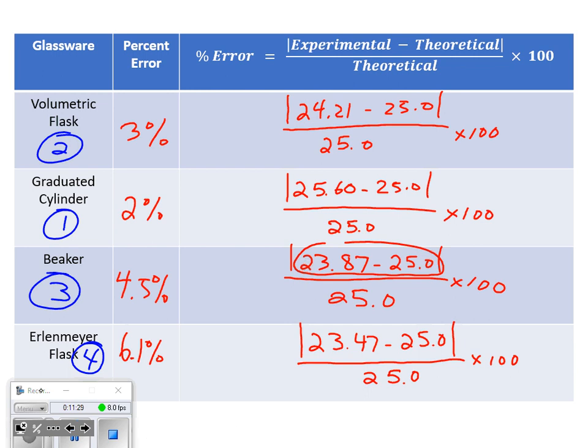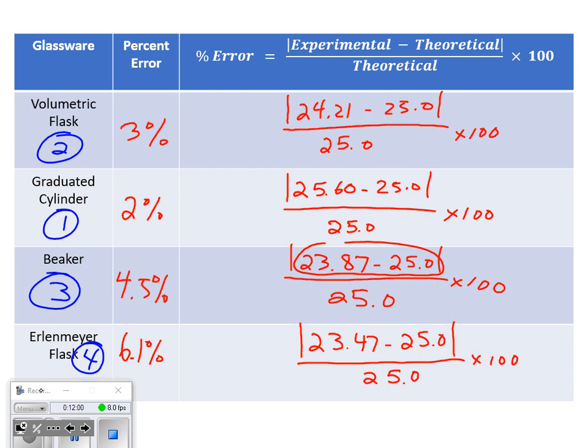Now, I would have to say, based on my knowledge of these instruments, that's fairly accurate. I would expect these two to be flopped, because I would think that the volumetric flask would be a little bit more accurate than the graduated cylinder. Obviously, the beaker and the Erlenmeyer were the least accurate.